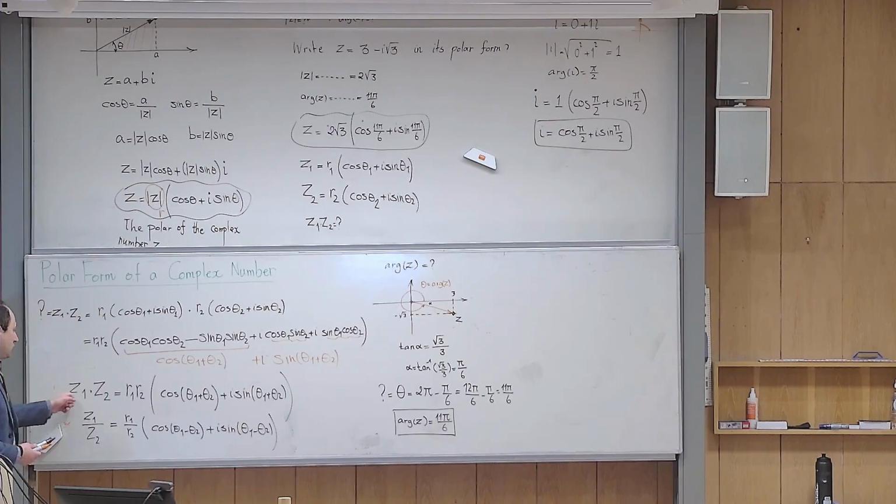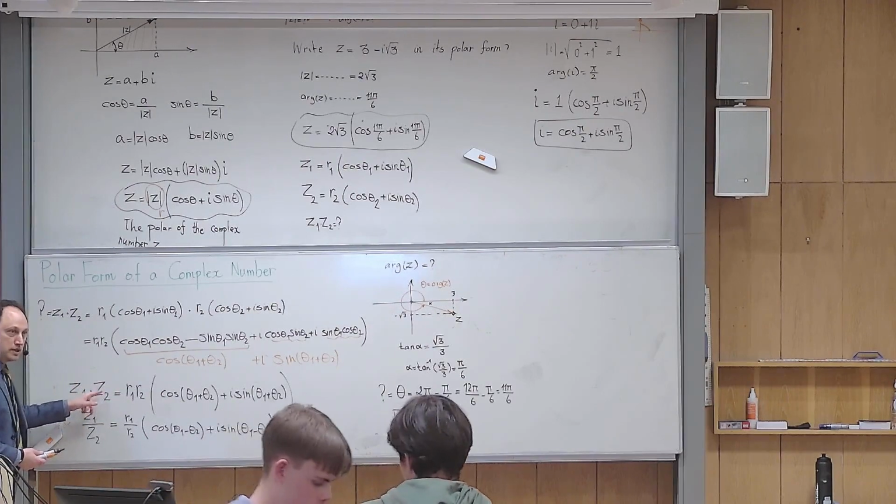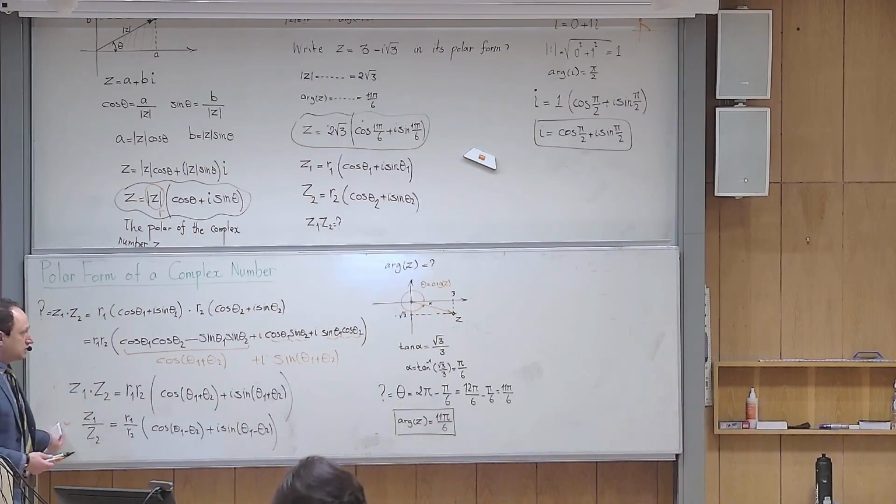Okay, now let us go back to say why the polar form is actually important. Let us use this formula, but instead of multiplying two different complex numbers, let me use the formula and multiply the complex number by itself. Let us see what happens.